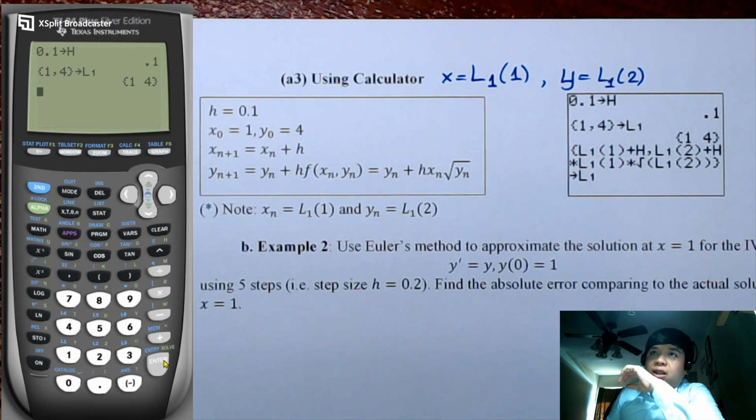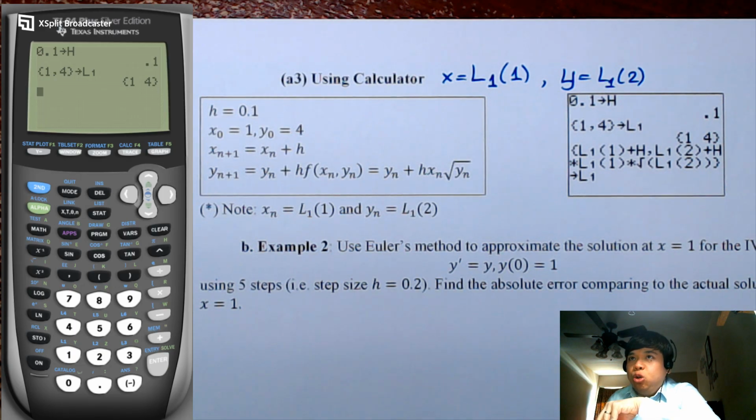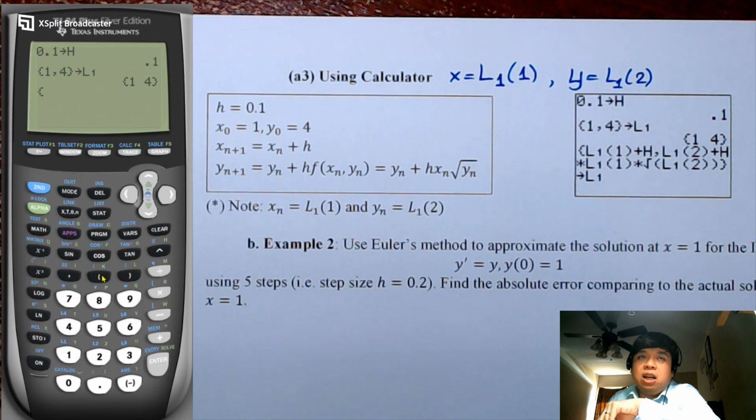And now we have to update the list. I'm just going to type and explain as we go. We start with L1 of 1, which means x, plus h. So this is the update.